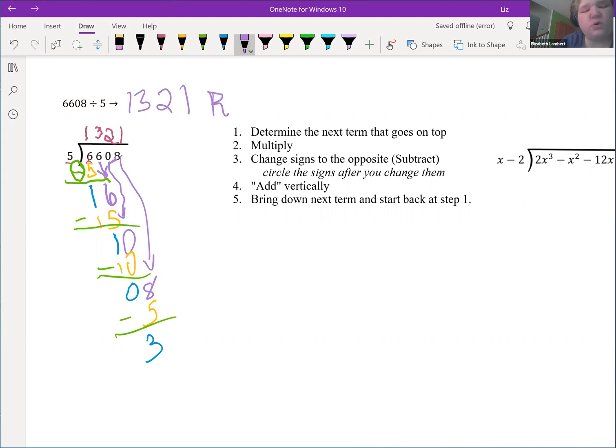Now, old school, we used to write that as remainder 3, but then we learned after a while, oh, it's actually 3 parts of 5. So 3/5. So we would also call this 1,321, and I'm going to write it with words, and 3/5. Because we know the word and is just a way to say plus, which is what we're going to see when we start answering these polynomials.